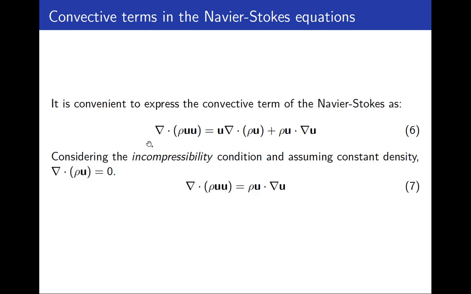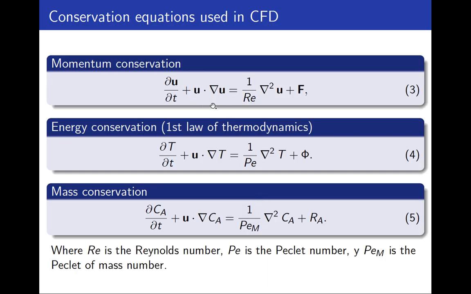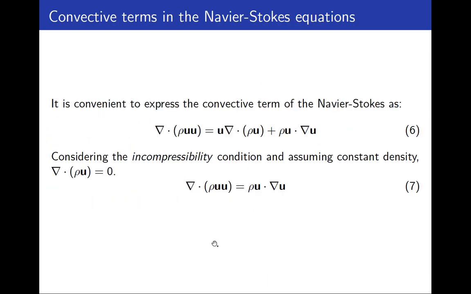If we have these two conditions, this term that appears here is going to be equal to 0. So equation 6 becomes equation 7. That means that the divergence of this term is equivalent to the product between density and this spatial derivative, which is the one that we have here. So this is just something I wanted to mention. Remember, this is only valid if we have incompressibility condition and constant density.